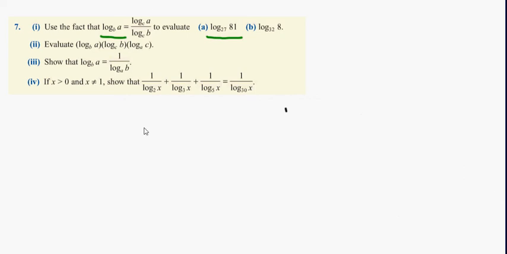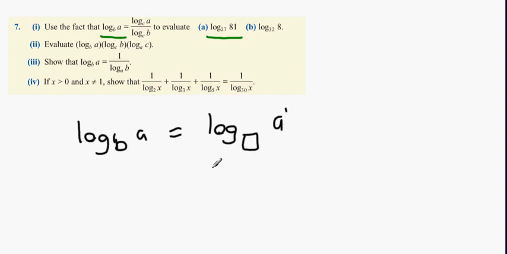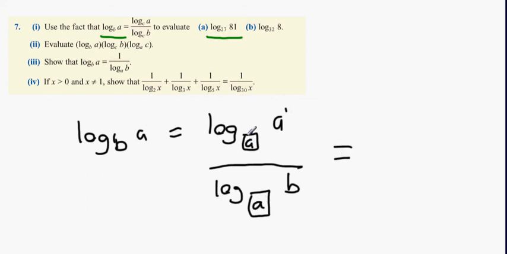And the rule is this. Log B to the base A. Now the rule here says I can do log A to any base I want and log B to the same base. Now, what happens if I choose the same base as the top number? Log A to the base A over log B to the base A. What's log A to the base A? 1.